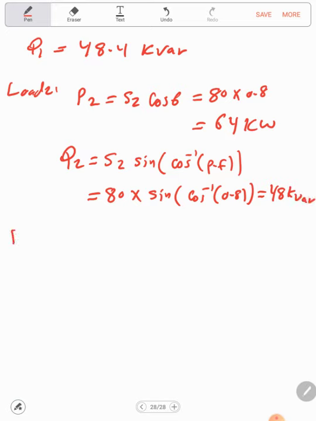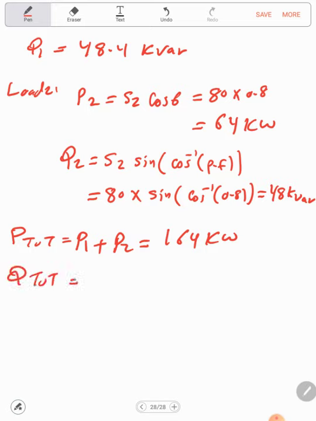So now the total power consumed by the facility is P1 plus P2, which will equal 164 kilowatt, and Q total equals Q1 plus Q2, which equals 48.4 plus 48, and this will equal 96.4 kilowatt.